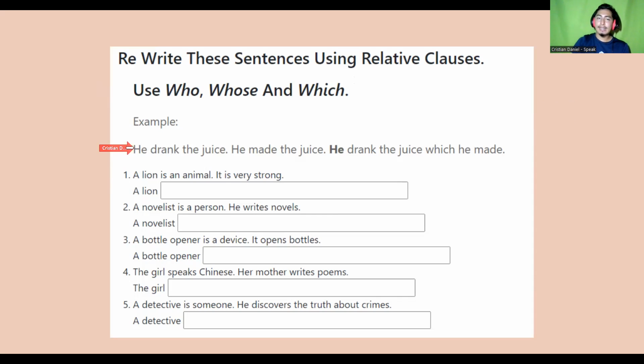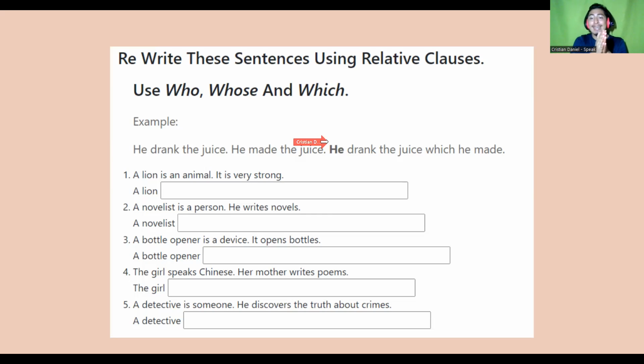He made the juice, sentence number 2. Now pay attention to the relative clause. This is a defining relative clause. No commas, one sentence, important information, essential. He drank the juice which he made.